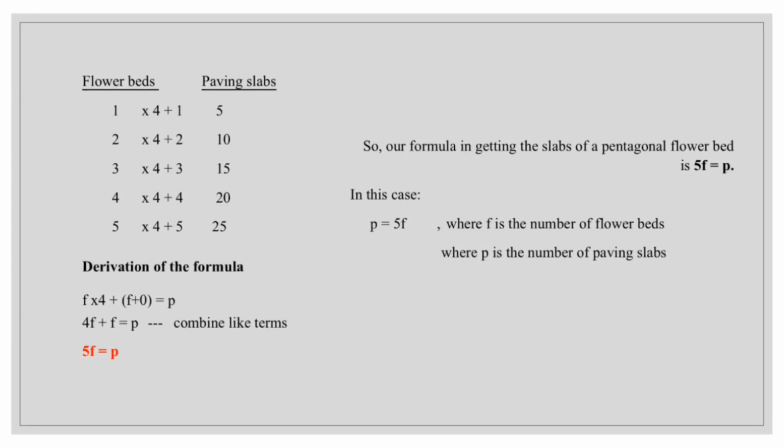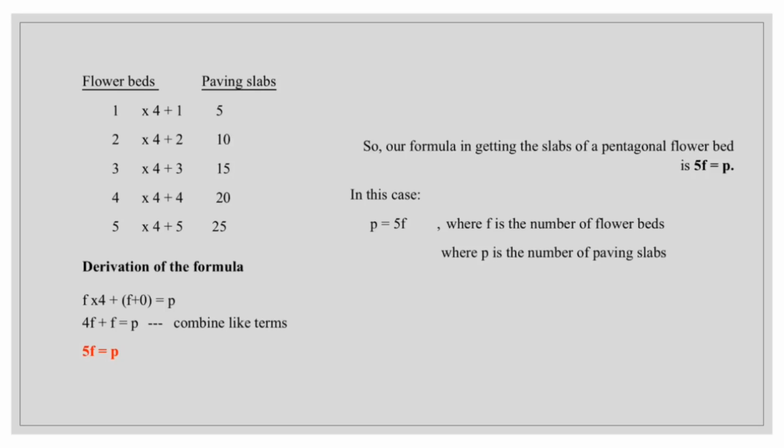kung sa triangular flower bed, nang multiply tayo ng 2, dito naman sa pentagonal flower bed is magmumultiply tayo ng 4 at sabi ko nga kapag ang side ng polygon is odd number, ang number na i-add natin sa unang row is laging 1. And then sa susunod is 2, then sa sumunod is 3, and then sa sumunod is 4, and so on and so forth.